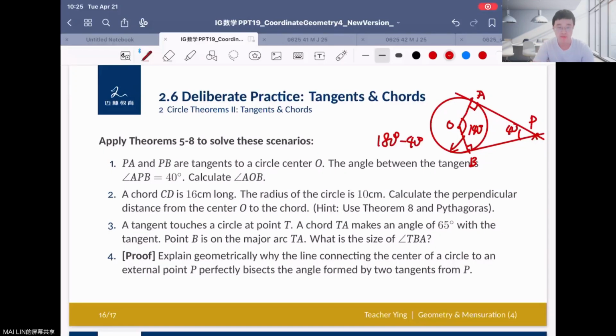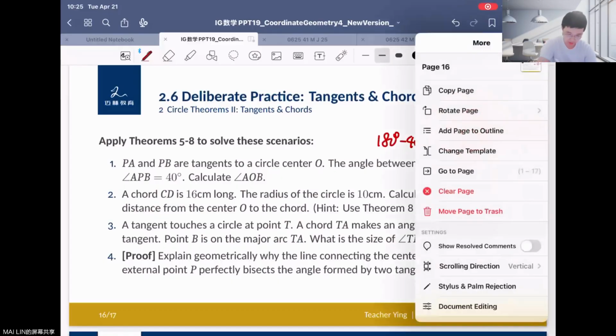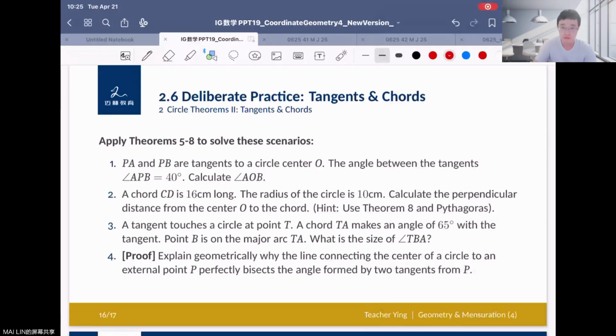The second problem is that a chord CD is 16 centimeters long. We draw the graph for the circle, with the chord CD 16 centimeters long, and the radius of the circle is 10 centimeters. Here we draw a perpendicular line OH to CD.